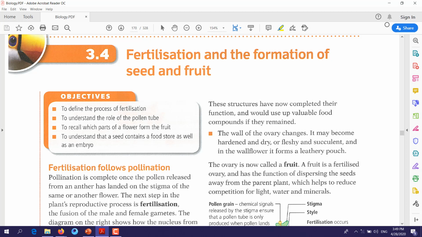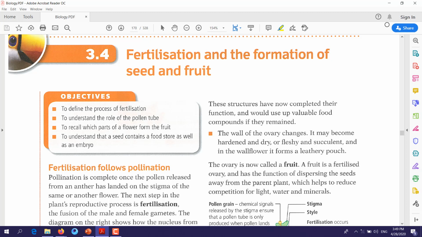Our lesson today is about fertilization and the formation of seed and fruit. If you remember in the previous lesson, we talked about pollination. We said pollination is the transfer of pollen from anther to stigma.